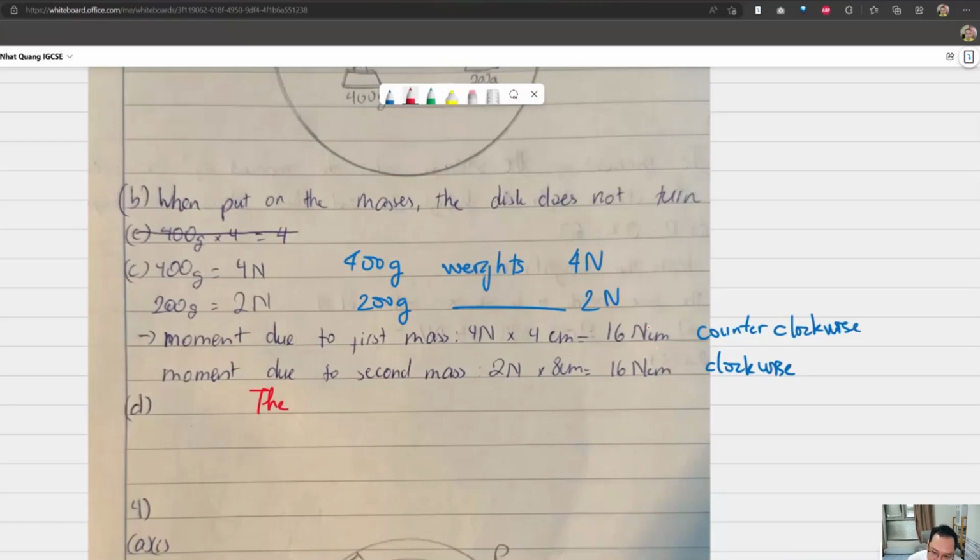Because it's just the working, the calculation, but not yet the conclusion. The two moments are the same in magnitude but opposite in direction, cancel each other out. Therefore, the total moment is zero.